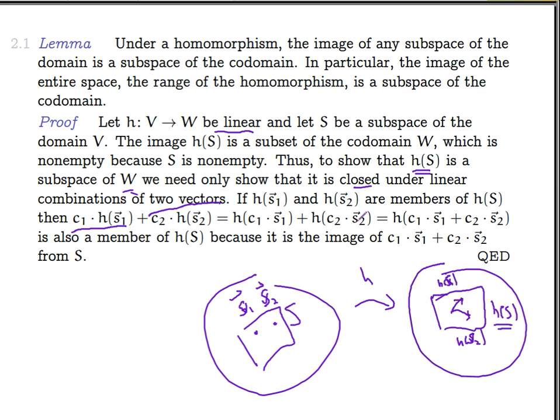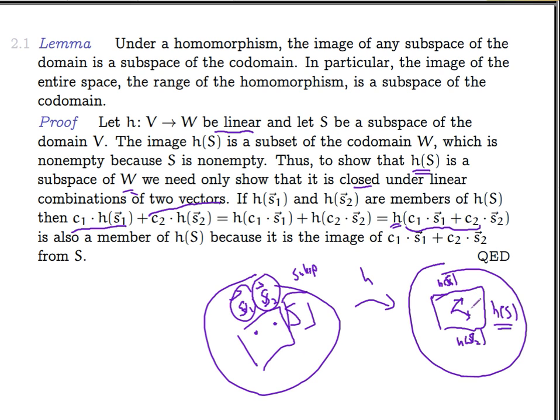The linearity property allows me to put the constants in, and I know that this vector here is a linear combination of the vectors in S, and by hypothesis, S itself is a subspace. So this is actually equal to H of some vector in S, so it's actually a vector in H of S. Okay, right, follow it through a few times.